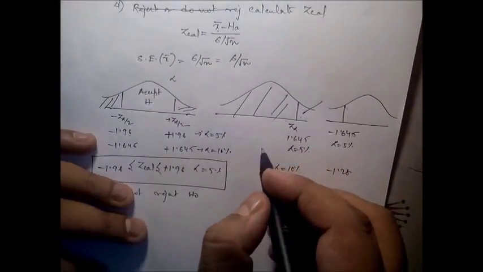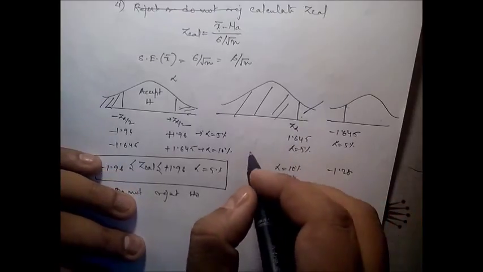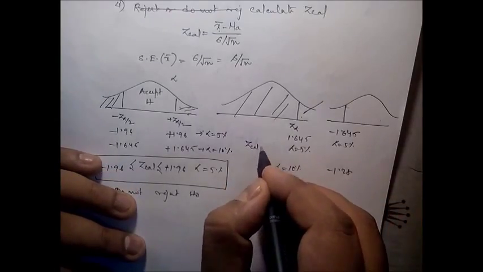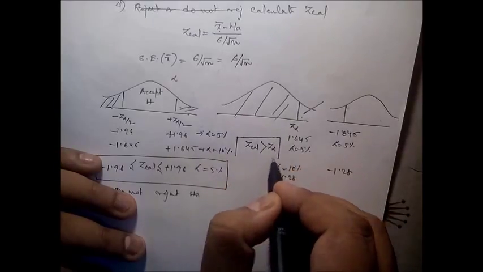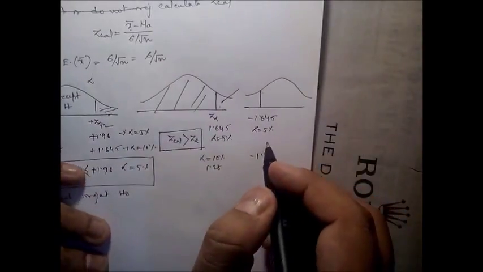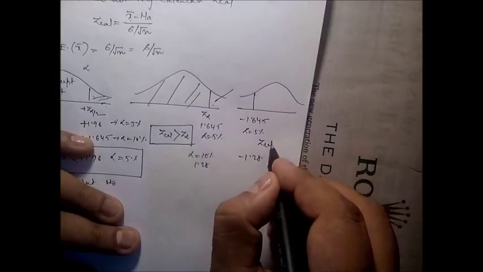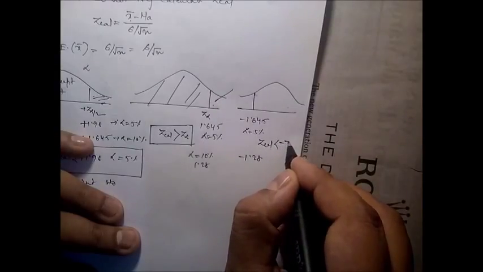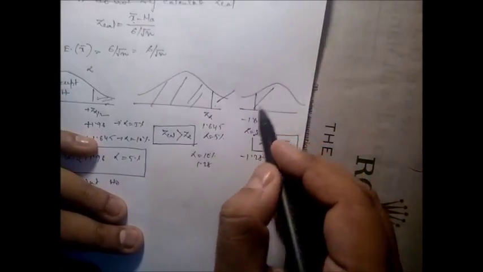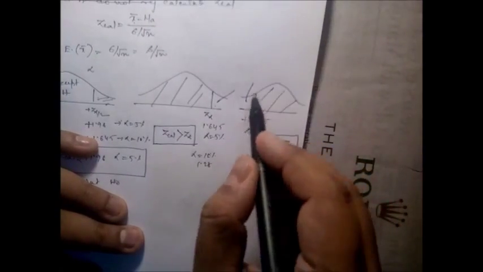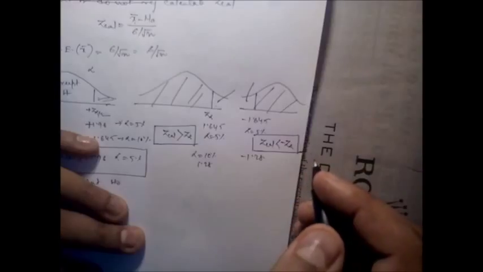If it is a right-tailed test and the z calculation is more than z alpha, then reject the null hypothesis. Clear? In the left-tailed case, if zcal is less than minus z alpha, then reject the null hypothesis. So if the value is somewhere here, then reject the null hypothesis.